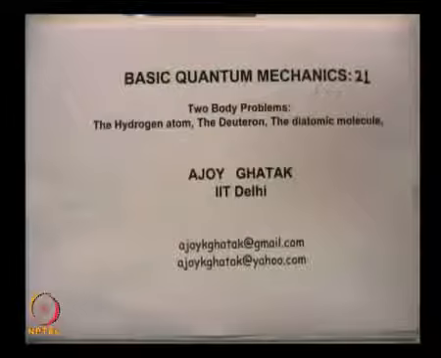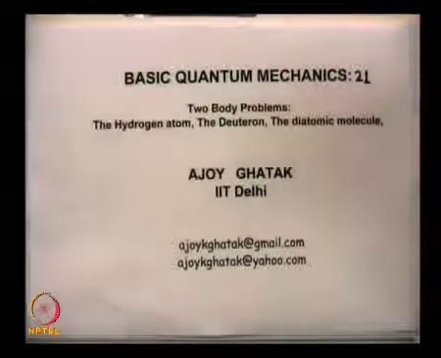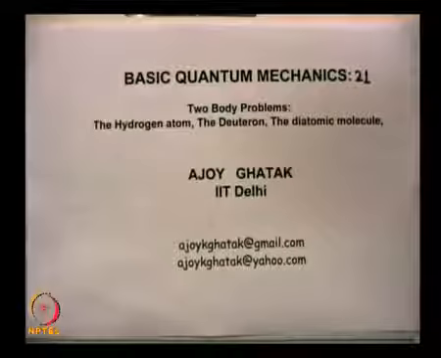We will continue our discussion on the two-body problem, in which we will consider two particles interacting through a potential energy distribution which depends only on the distance between the two particles.